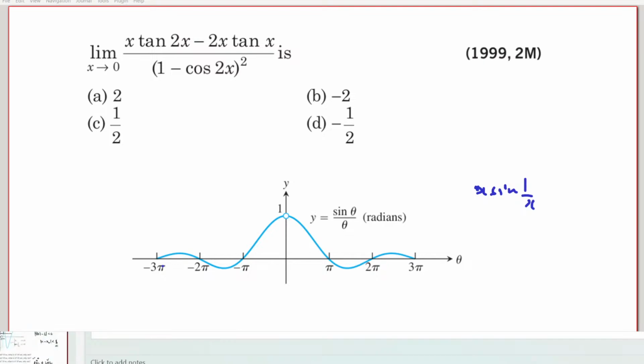So net what is that? Okay, first you do this problem. We'll discuss that also. First you do this problem.